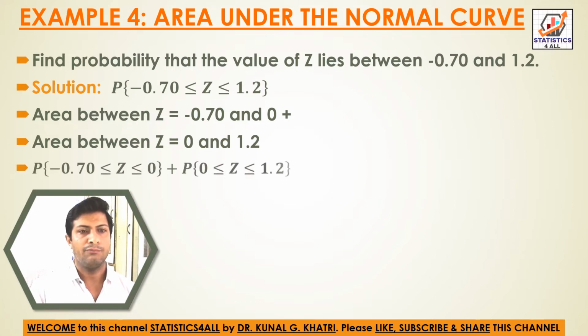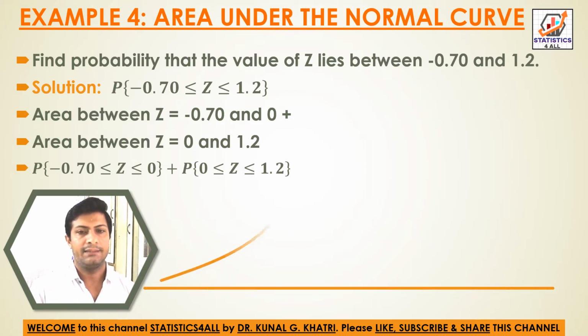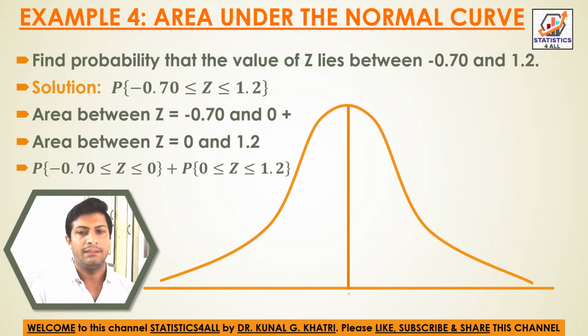So P(-0.70 ≤ z ≤ 0) plus P(0 ≤ z ≤ 1.2). So on the axis, the mean is 0, here minus 0.70, and this value 1.2.